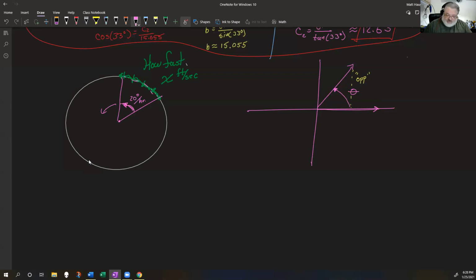And how do those things relate? The linear speed is the radius of the circle that it's going around times the angular speed, as long as that angular speed is in radians.